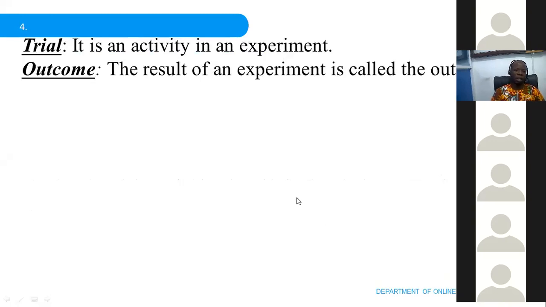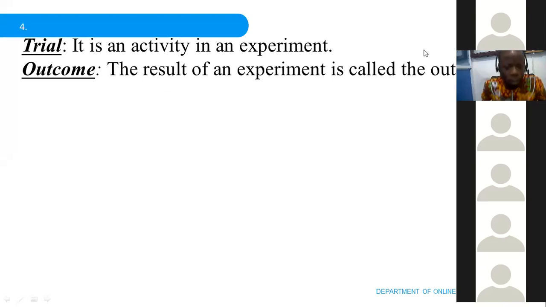The second one there is trial. What is a trial? It is an activity in an experiment. A trial is an activity in an experiment. Then we also have an outcome. So if you say, I want to try something, you can try it. We also have outcome. The result of an experiment is called an outcome.